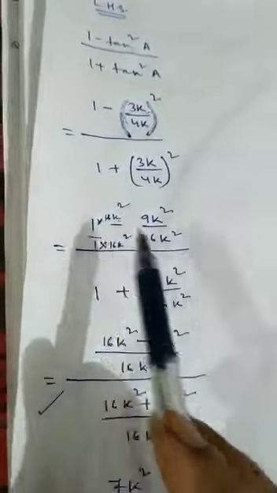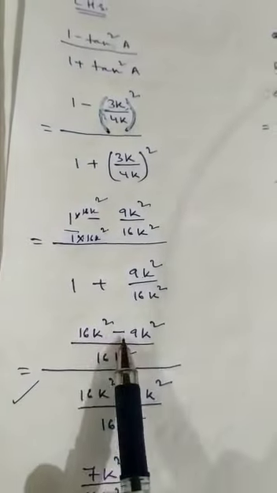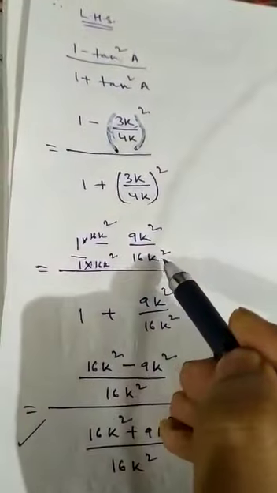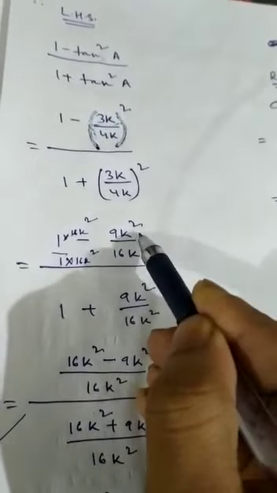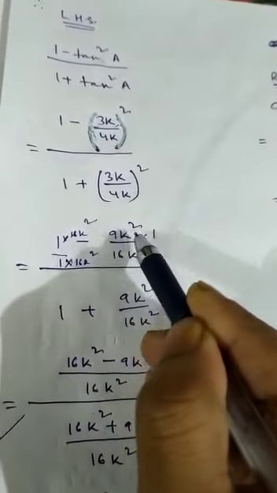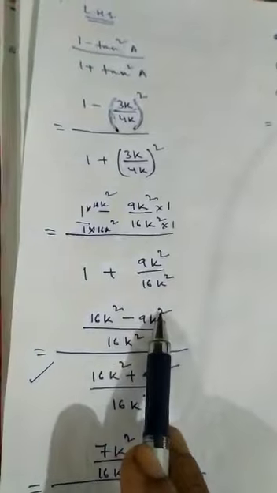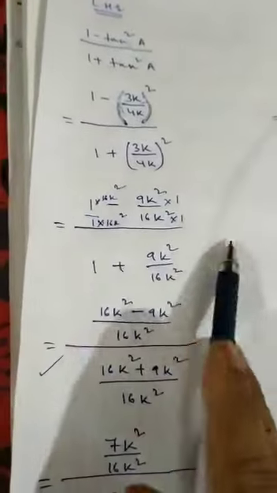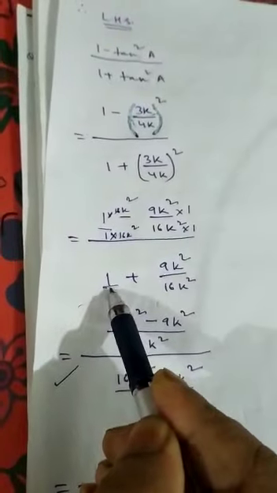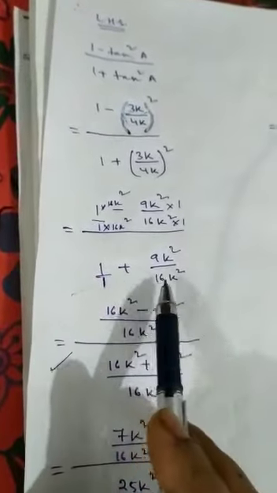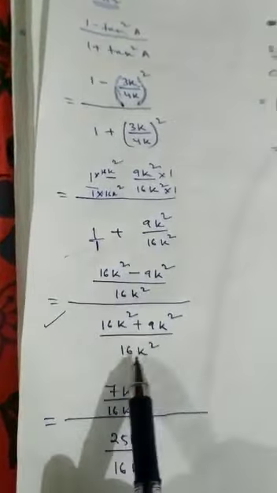So 16k square into 1 is 16k square, minus. LCM is 16k square only, so I have to multiply 1 to get 16k square. Here I have multiplied 1, so here also I will multiply 1. 9k square into 1 is 9k square, divided by. Again, LCM of 16k square and 1 is 16k square.